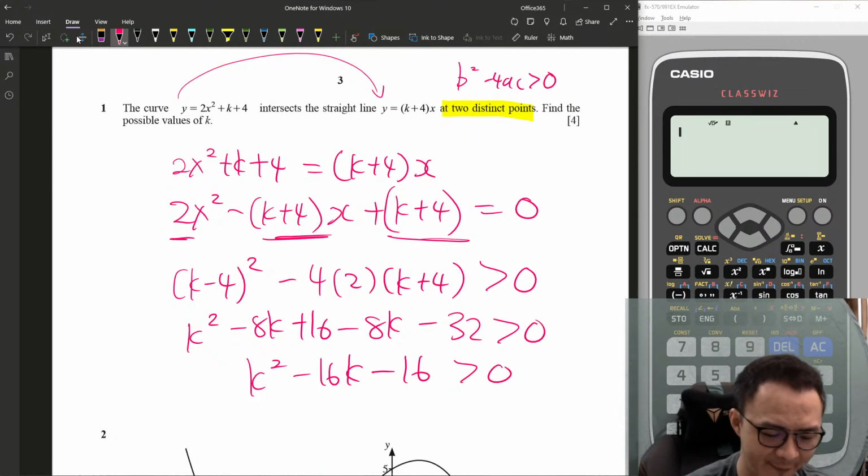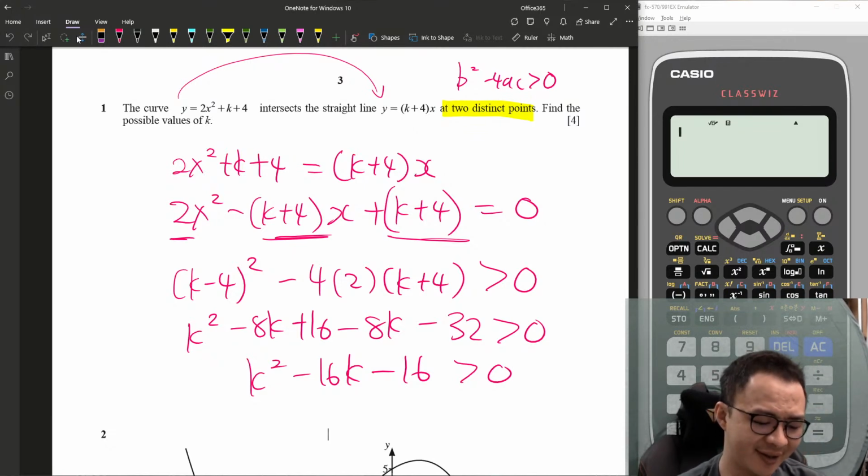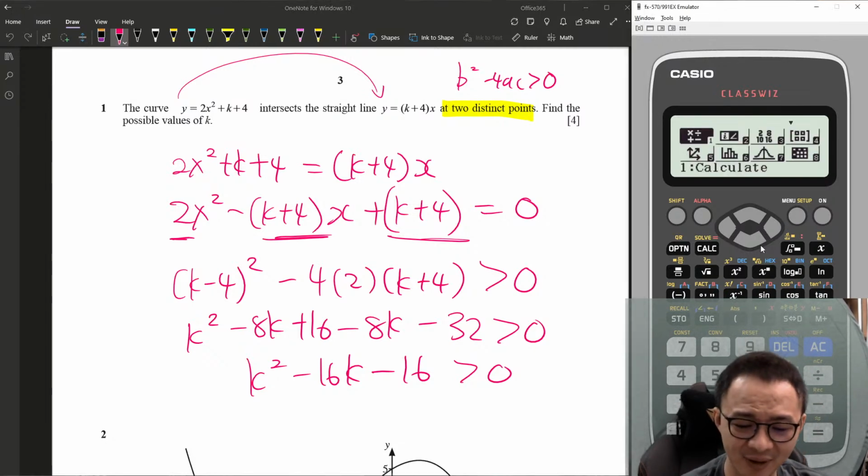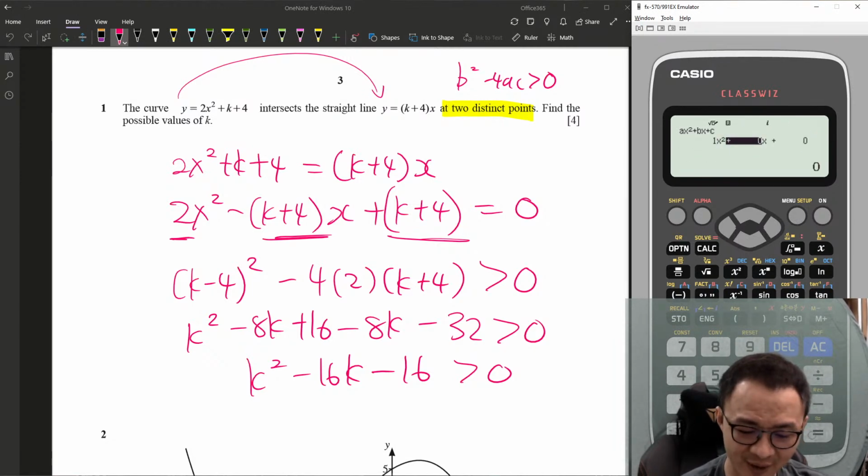Then I hope I didn't make any mistake. I want to get 16... no, 4 cannot, 16 1 cannot, 8 2 cannot. Oh my god, did I make a careless mistake? Or maybe it's a decimal. Using the polynomial solver, power 2, 1, negative 16, negative 16.